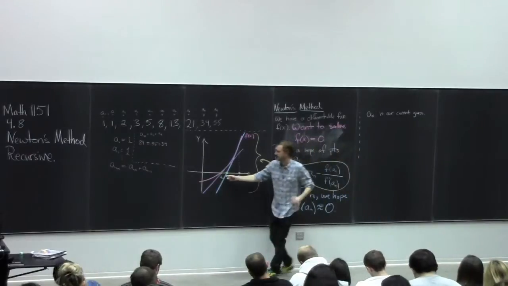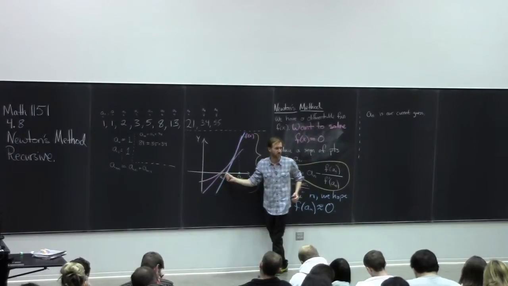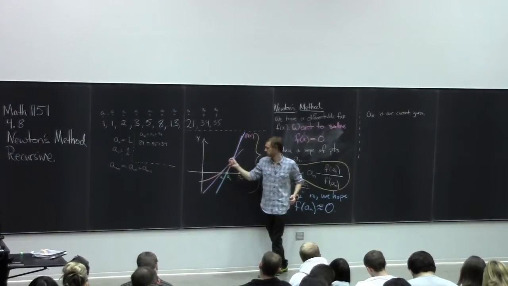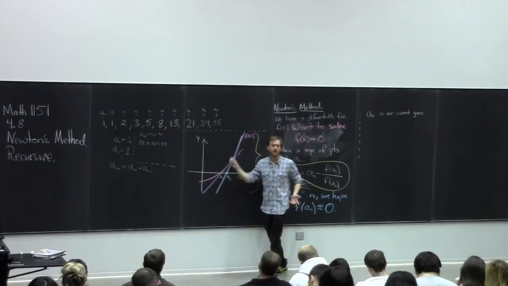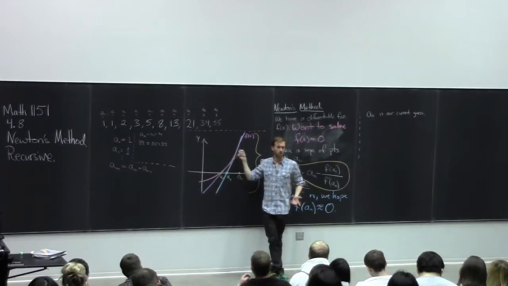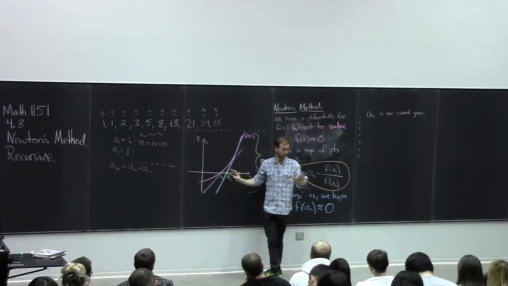It's like A sub 1 here, right? This is like A sub n. What do we do first? We plug it into the function, right? Plug it into the function, and then we find the line that goes through the function. We find the linear approximation at this point. Does that make sense at all?